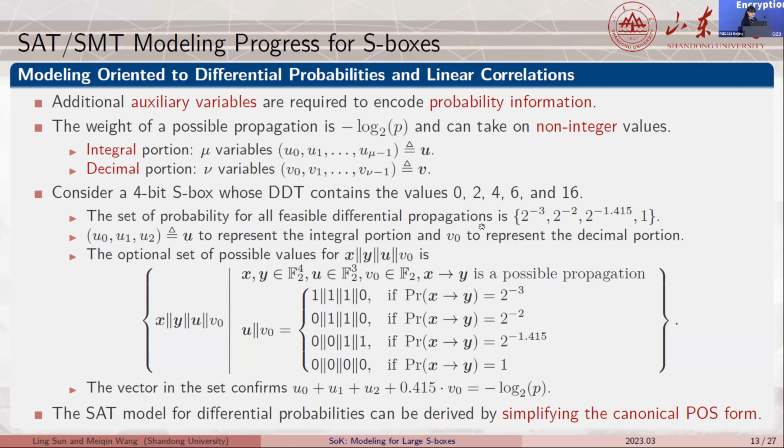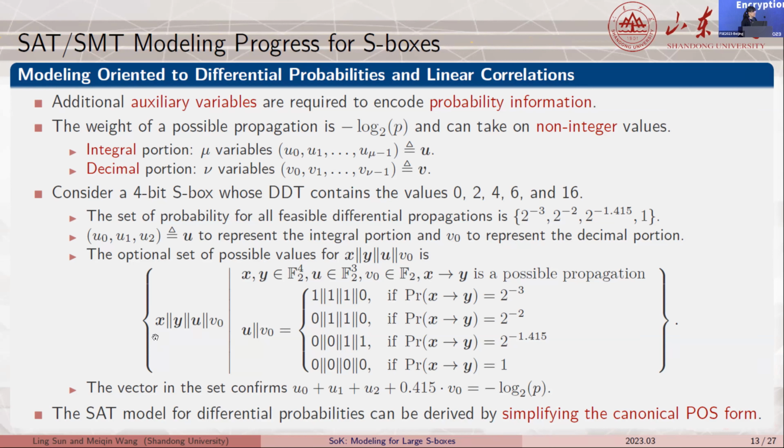Then an optional set of possible values for this vector is created just like this. Note that the vector in this set satisfies this equation, and it allows us to create objective functions considering the probability of the differential characteristic.